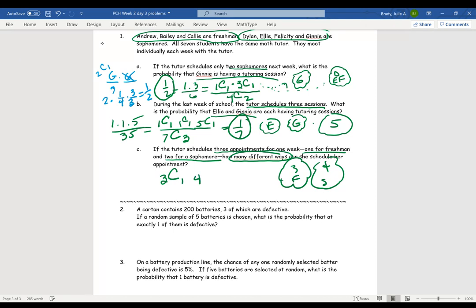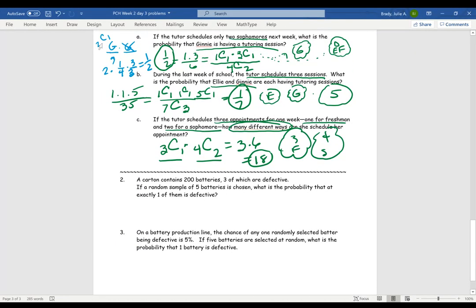Out of the sophomore group, I want to choose out 2. And since every way I pick the freshman, I can match with every way I pick the sophomore, I know it's timesing. 3 choose 1 is 3. 4 choose 2, you could do it by hand, or I grabbed my calculator, is 6. And that's 18.